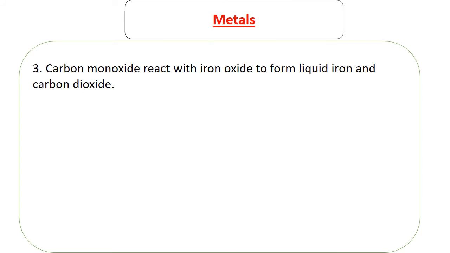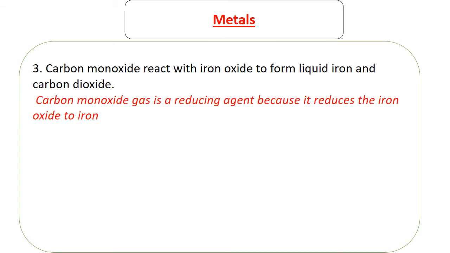So this carbon monoxide that is formed reacts with iron oxide to form liquid iron and carbon dioxide. In this reaction, carbon monoxide gas is a reducing agent because it reduces the iron oxide to iron. In short, this is where reduction occurs. This is where the removal of oxygen from the ore occurs.